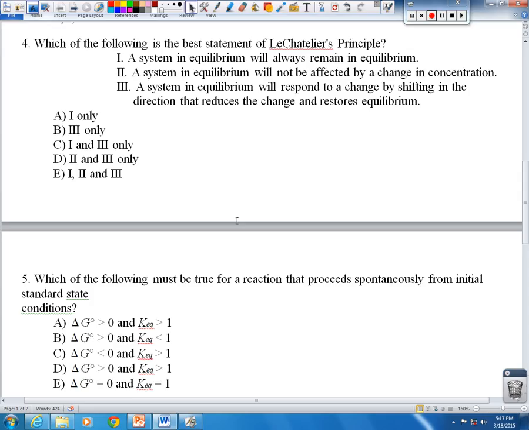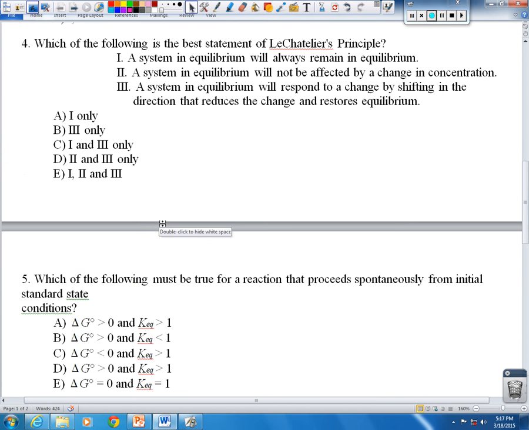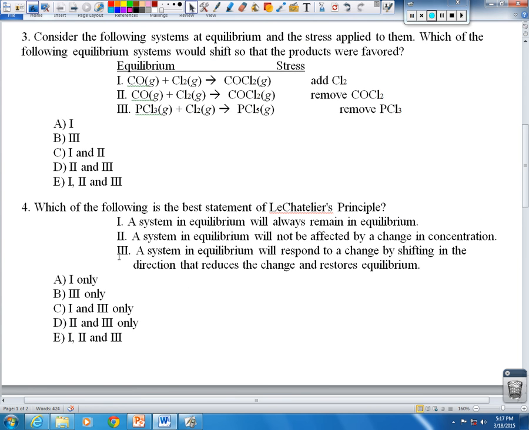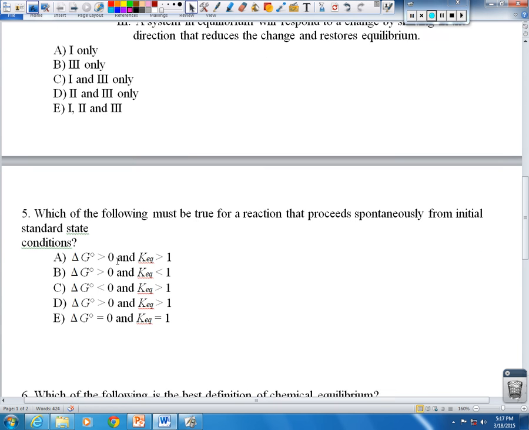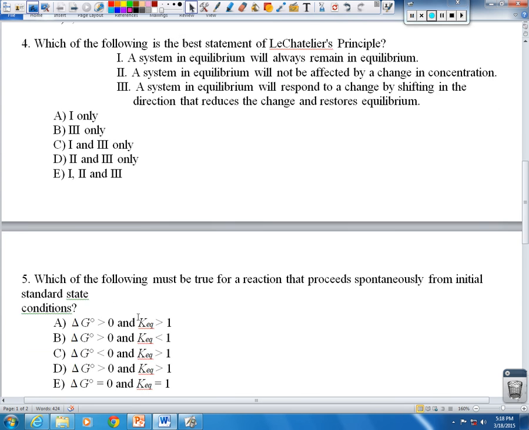Ding, ding, ding, we got a winner. Okay? That's definitely going to be it. So 3 is the right answer there. Because the one we just did was C. That is the best statement.